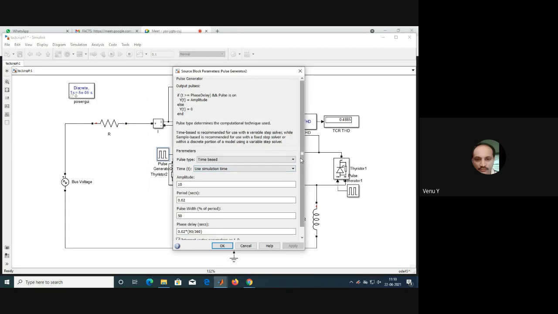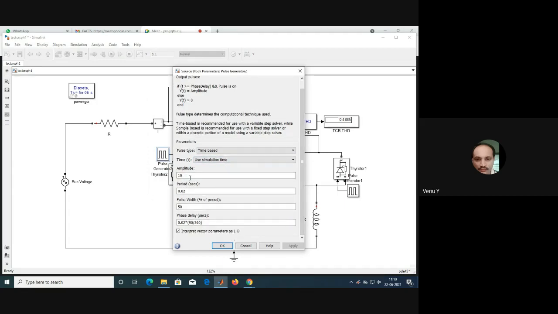So for the first one, the amplitude you can take 1 or 10, whatever. The period should be 1 by 50, so 0.02 seconds or 20 milliseconds.